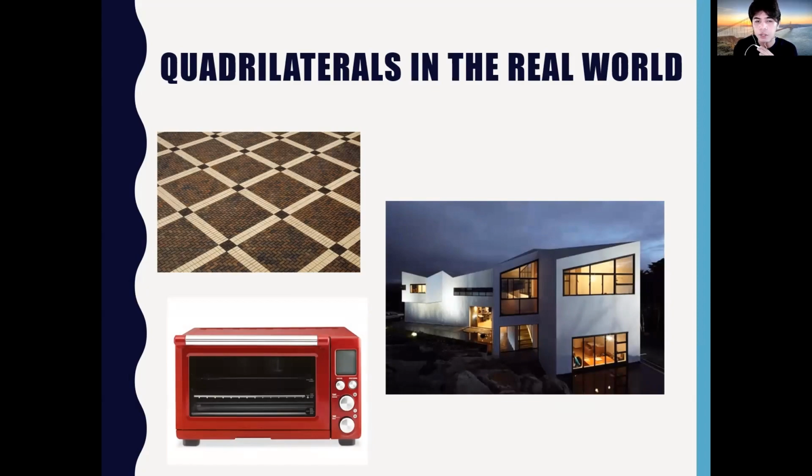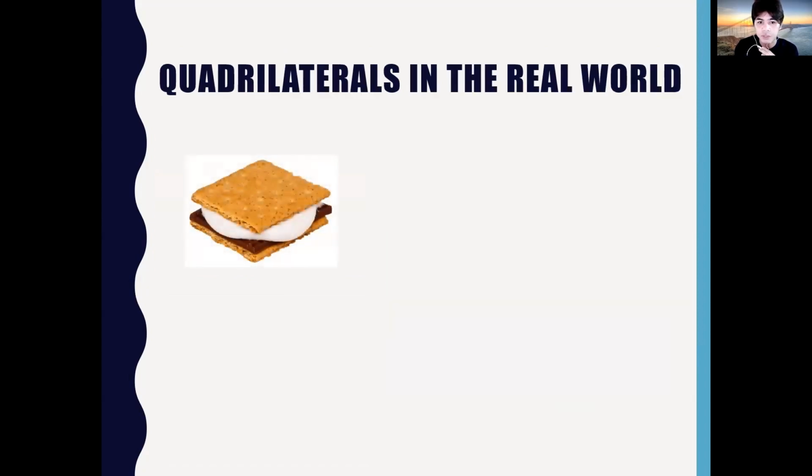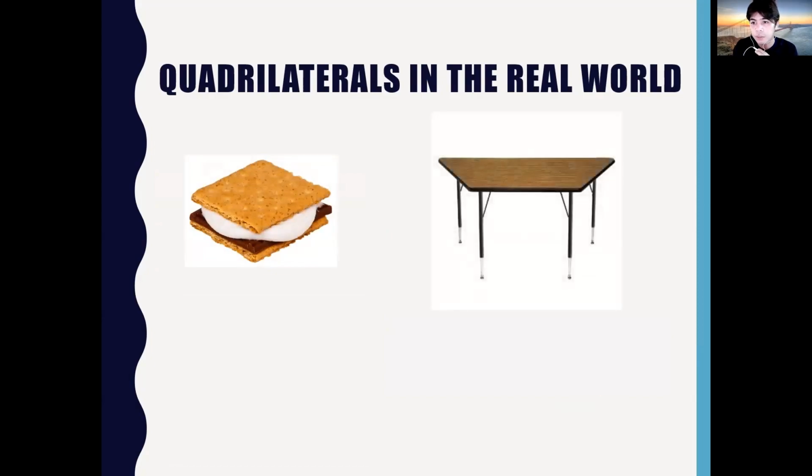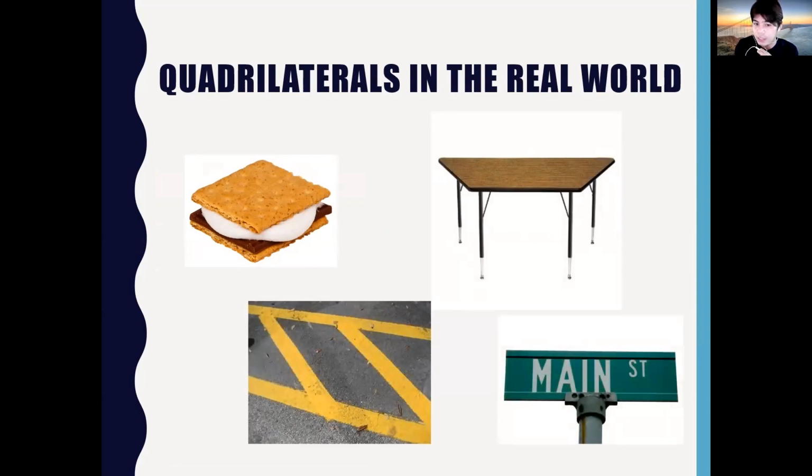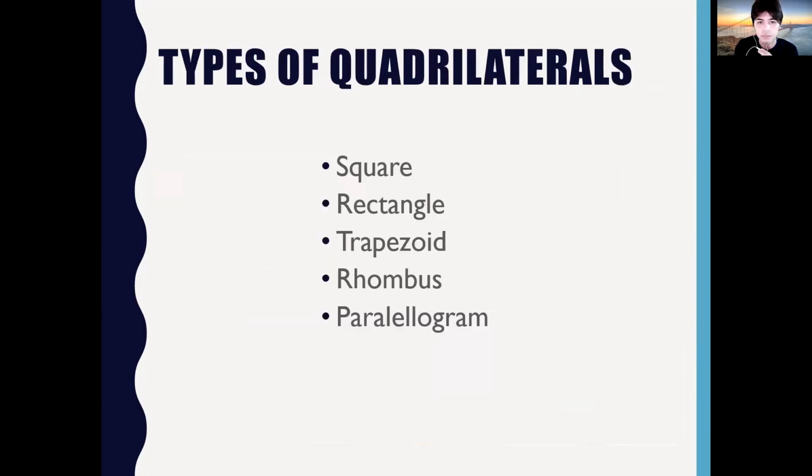So that is an example of real-world quadrilaterals. We also have the biscuit, the plain side of the table, the street sign or the signage. So those are examples of quadrilaterals in the real world.